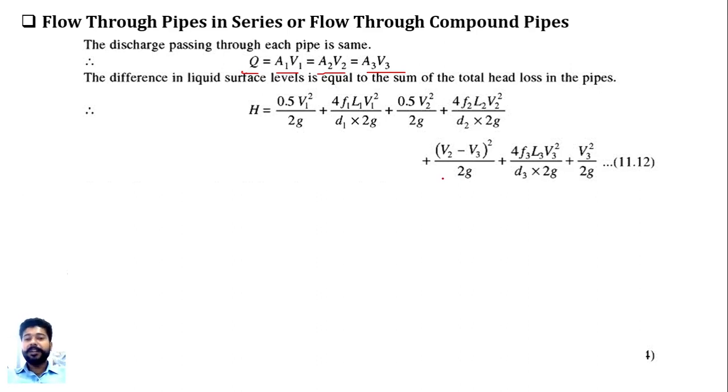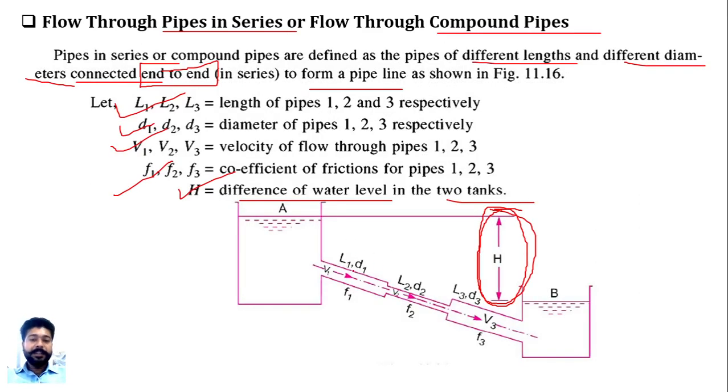So let us find out the different losses which appear in this pipe. The first loss is at the entrance of the pipe, because the water which is steady in this reservoir tries to get in this direction and enters the pipeline. So the first loss is over here. The second loss is the friction loss in this pipe. The third loss is the head loss due to contraction over here.